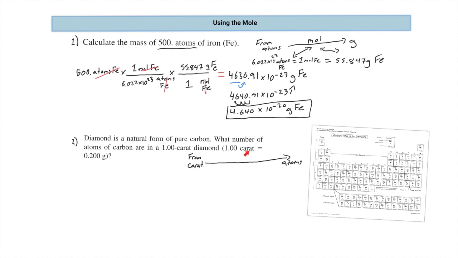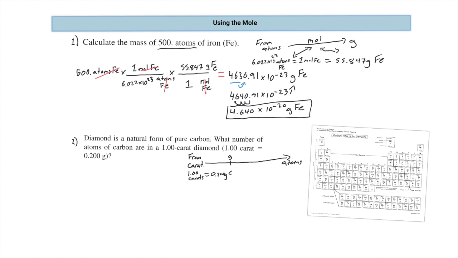They've given us a conversion for carats to grams. So we know that 1.00 carats is equal to 0.200 grams of carbon. So we got to grams.